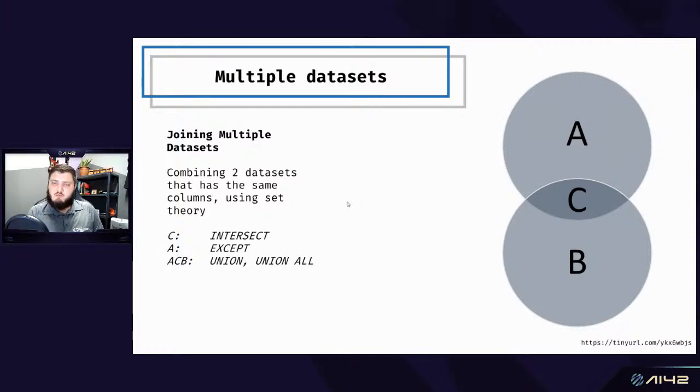It's quite well documented, the different functions in set theory, but the union function in SQL essentially brings both data sets together. Both data sets in this instance need to have the same columns.